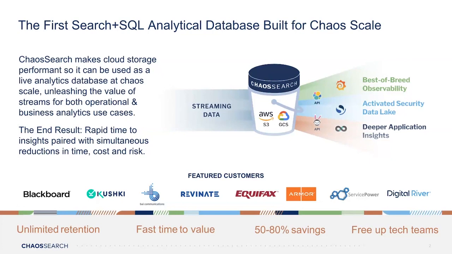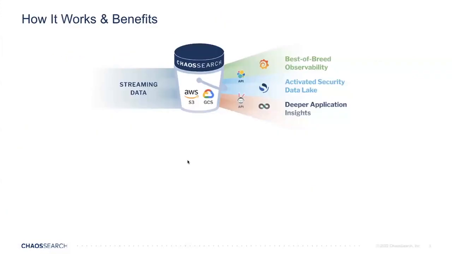All of them leverage our unlimited retention, fast time to value, very high savings, especially at scale, and a truly managed service that can free up your team so they can focus on managing their production infrastructure instead of managing our system.